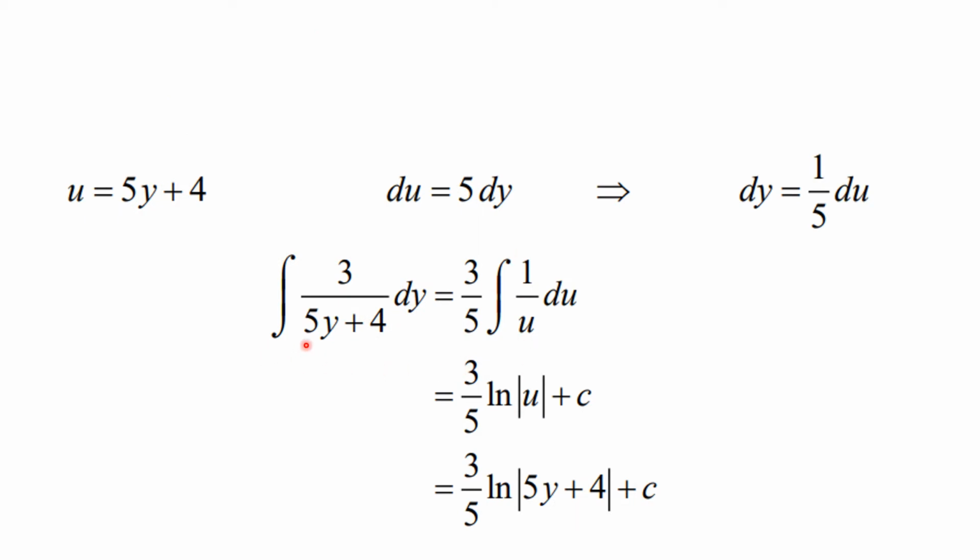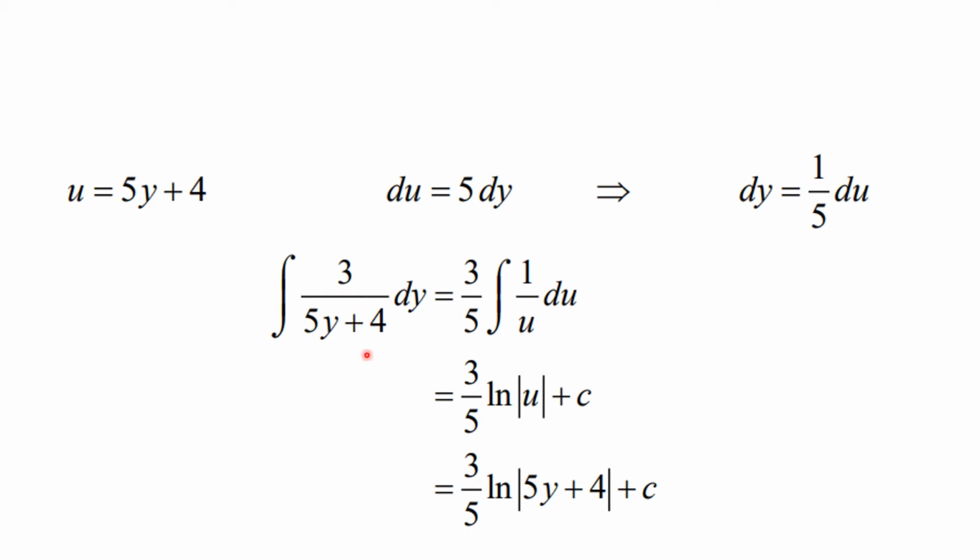Here's the problem that we were trying to do right here, and so the solution that's going to work is u equals 5y plus 4. That means that du is equal to 5 dy, and that means that dy is equal to 1 over 5 du.